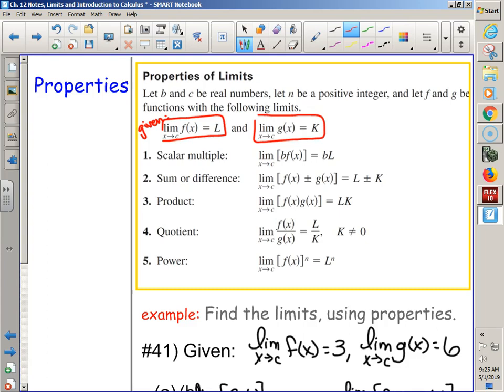Not that it's conic sections and not that we're dealing with parabolas necessarily, but if they give you a limit at the beginning, it's like they're giving you clues. So instead of giving you a function, graph, or a table, they're just saying, oh, guess what? The answer to this is this. And then they're asking you to use those clues, which I like to use the word clues a lot, because it's kind of like, yeah, they could be helpful for the answer, but they're not necessarily the answer. We have to use them.